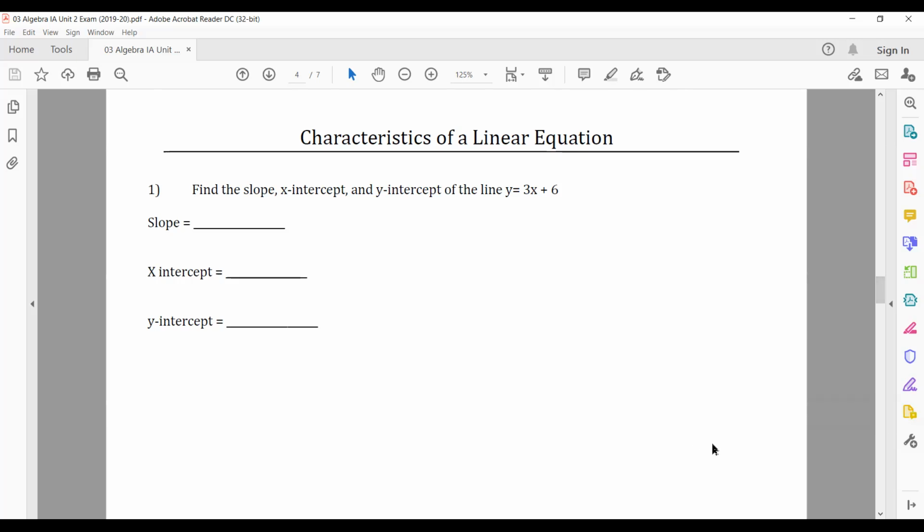Let me do this on the whiteboard. I'll show you what I'm talking about. It'll make more sense if I do that. So my equation here, y equals 3x plus 6. I already know that this is m, so that's my slope, and this is b, so that's my y-intercept, right?